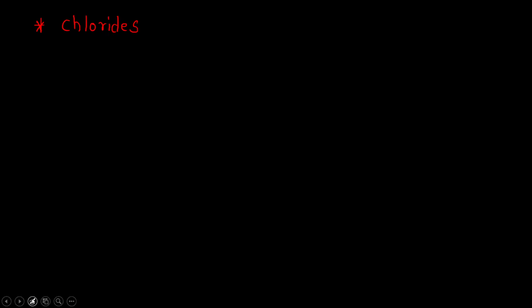So this chloride in water is derived mostly from natural minerals which are present inside the ground. Whatever the minerals are present, that gets added to the water. Also, one more reason for the presence of chlorides in water is agricultural and irrigation discharges.